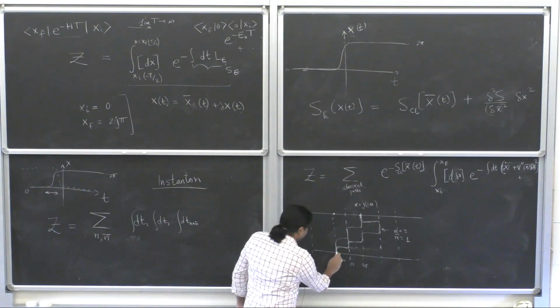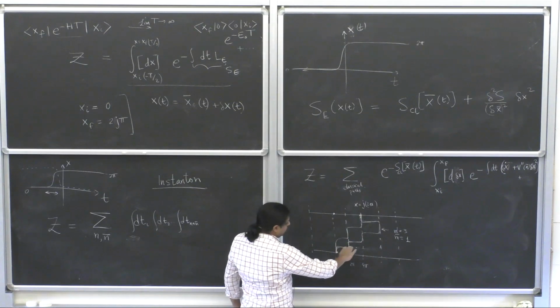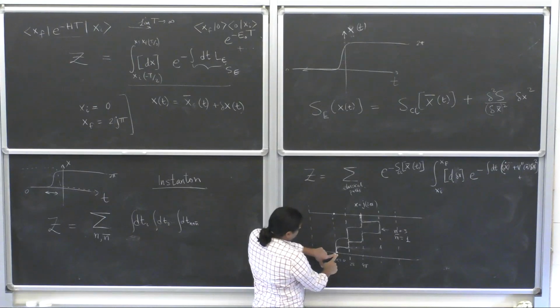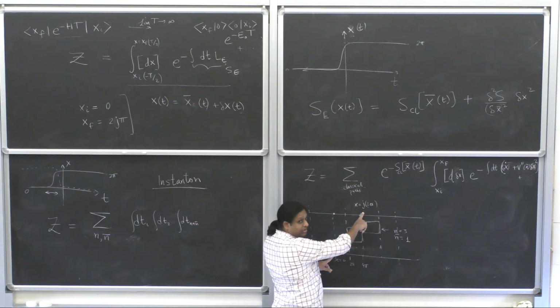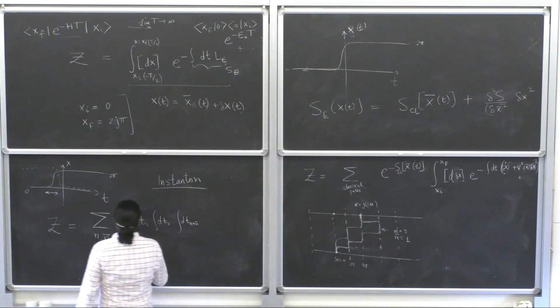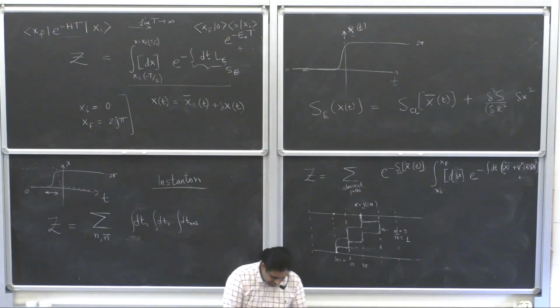So you can take an instanton, you could go back, or you could go further. So you can sprinkle instantons and anti-instantons any possible way, with obviously the constraint that you start at the prescribed initial condition and you end up at the prescribed final condition. So we're summing over all possible ways to do that, and we'll get an integral over the time coordinate of each of them.